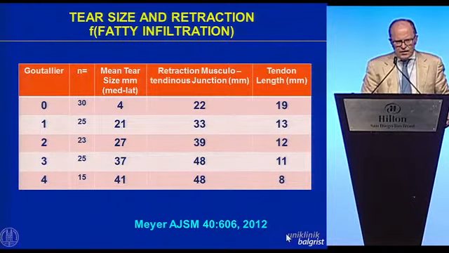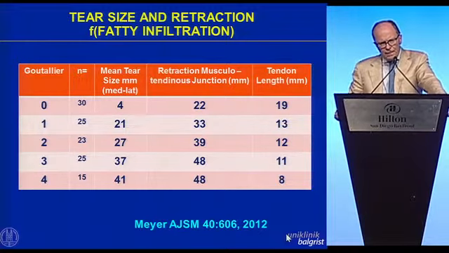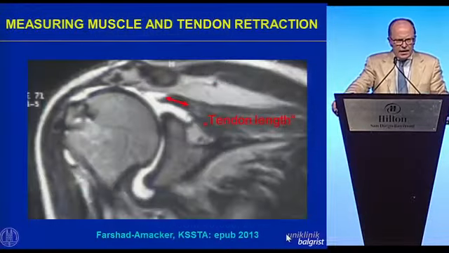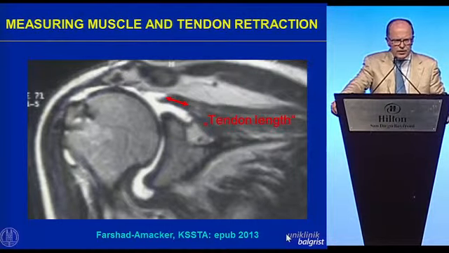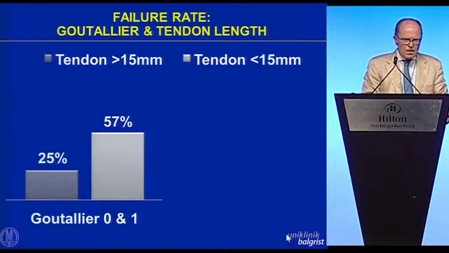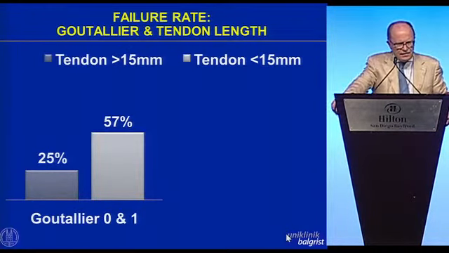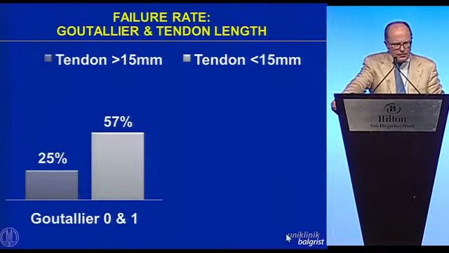And we have looked at the tendon length in a variety of papers. And you see here the tendon length measured on MRI, for which we developed a specific MRI technology. If the tendon is longer than 15 millimeters, then you have a 25% failure rate at Goutallier 0 and 1.